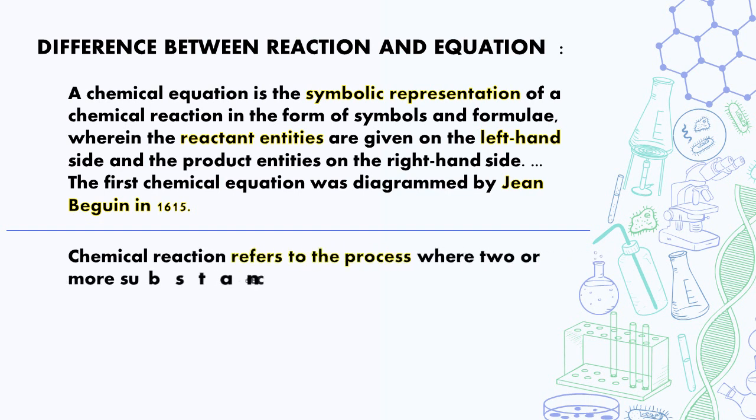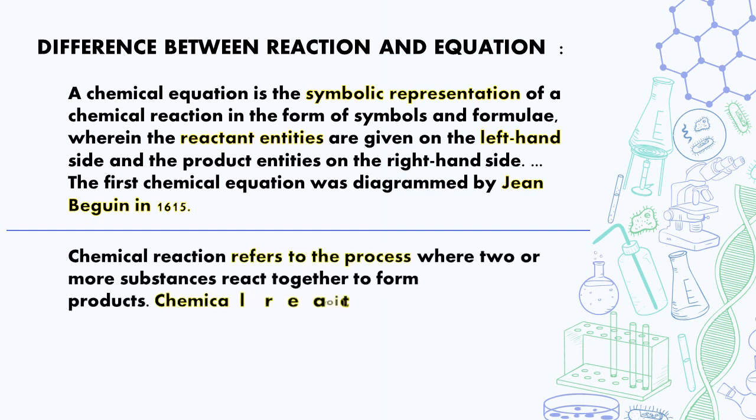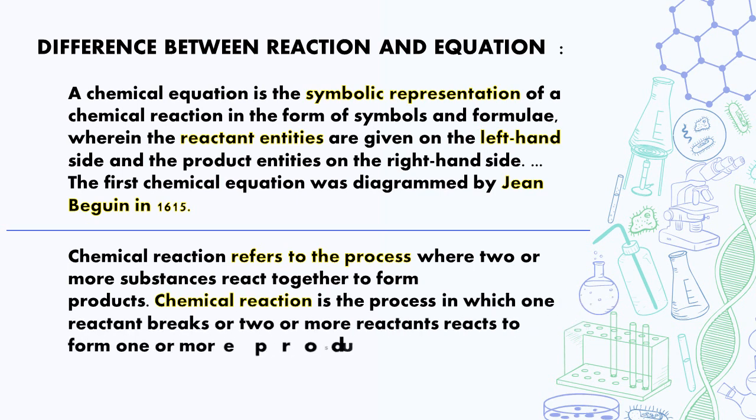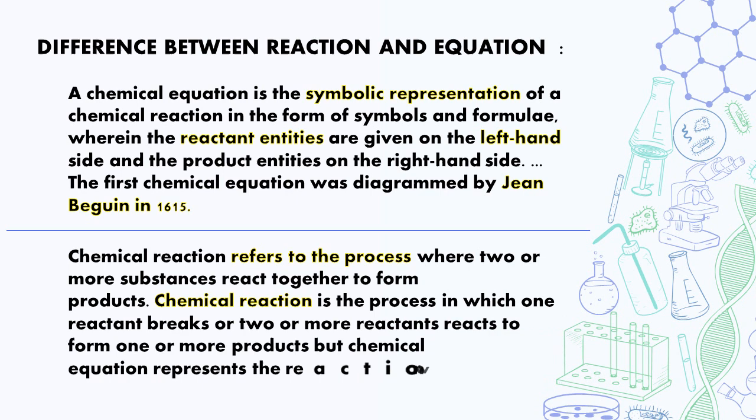On the other hand, a chemical reaction refers to the process where two or more substances react together to form a product. A chemical reaction is a process in which one reactant breaks down or two or more reactants react to form one or more products, but a chemical equation represents the reaction which has occurred by symbols.